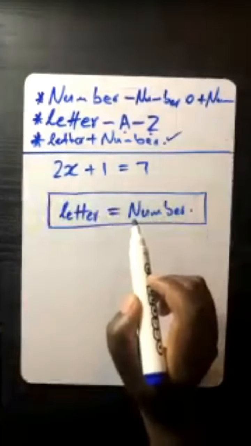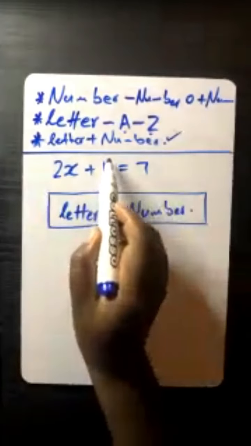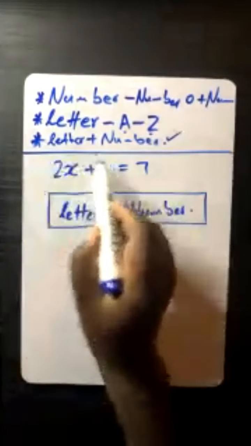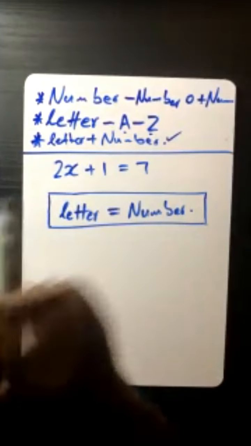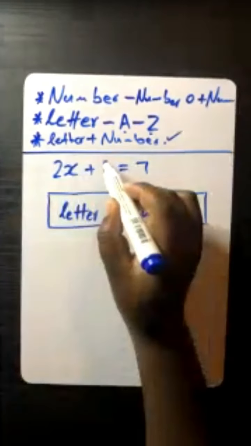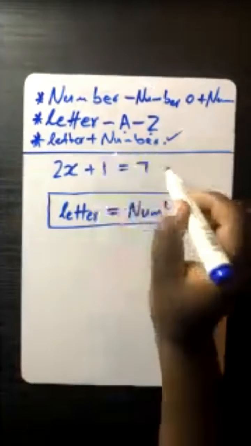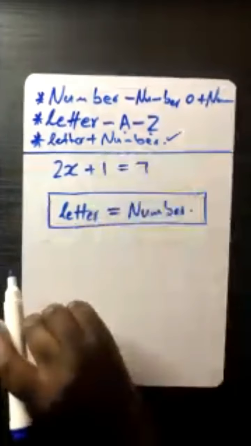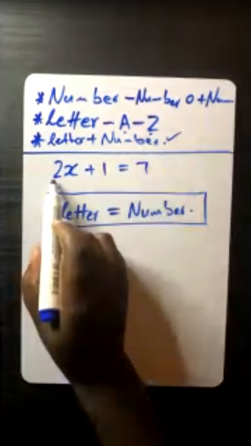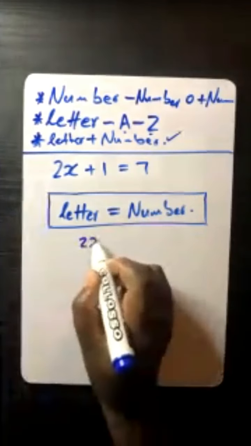If we want to have letters on the left, numbers on the right, it means we have to move all the numbers which are on the left to the right, isn't it? Yes, sir. Which means we are going to move 1 to the right. That's what they mean when they say you transpose. So if you move 1 to the right side of the equal sign, what are you remaining with on the left? 2x. You remain with 2x.